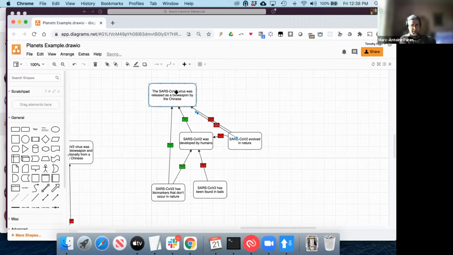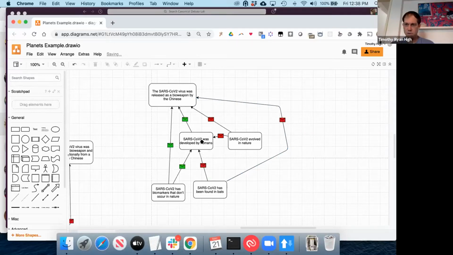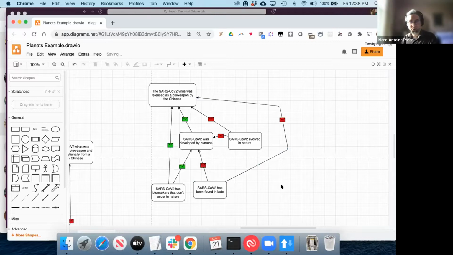And then saying that the bottom one, SARS-2 has biomarkers that don't occur in nature, supports the part. Of course, if it supports the part, it supports the compound. If that's the point, right. And my question is, I don't need to add a separate support to the compound, because I can factor it through the part.